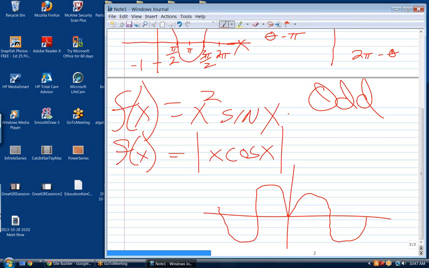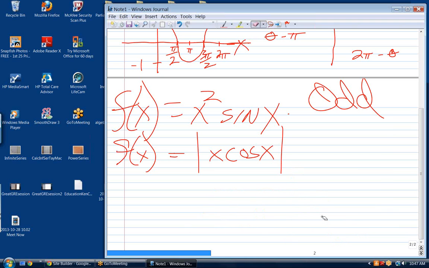Is that even or odd? Oops, excuse me, I didn't do that right. That's not what it looks like. What it looks like is this. So that's neither. The absolute value of the sine function is neither.